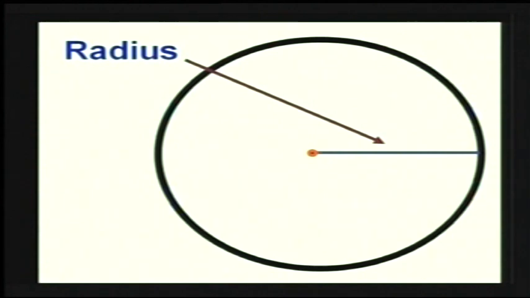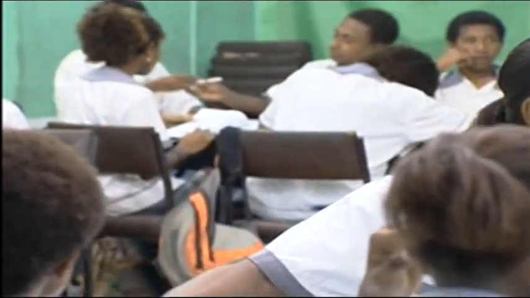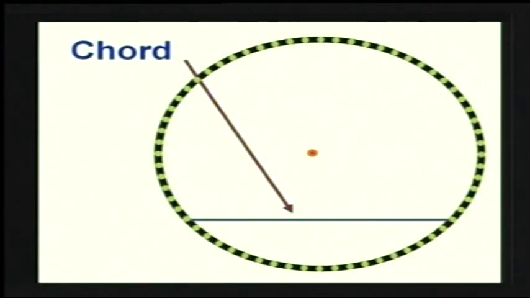Exercise 1A is the radius. What about exercise B? Ruti? Chord. She says chord. Is she correct? Okay, very good. The answer is chord.